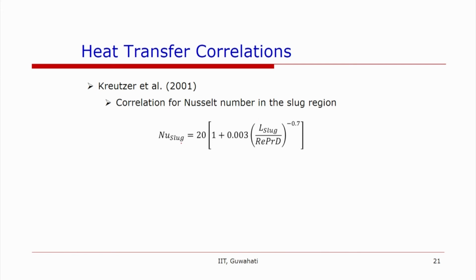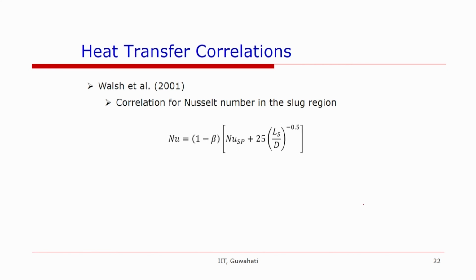They did a simulation of a cavity in which there are two walls, and these two walls are moving. So, the fluid will eventually develop recirculation inside it. They calculated the Nusselt number in these cavities and found this correlation for the slug Nusselt number.